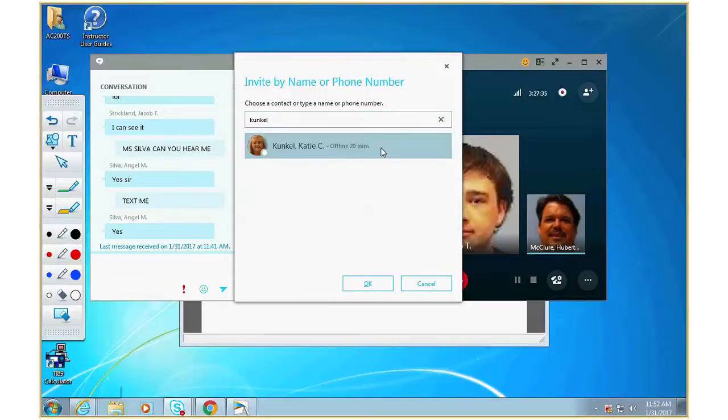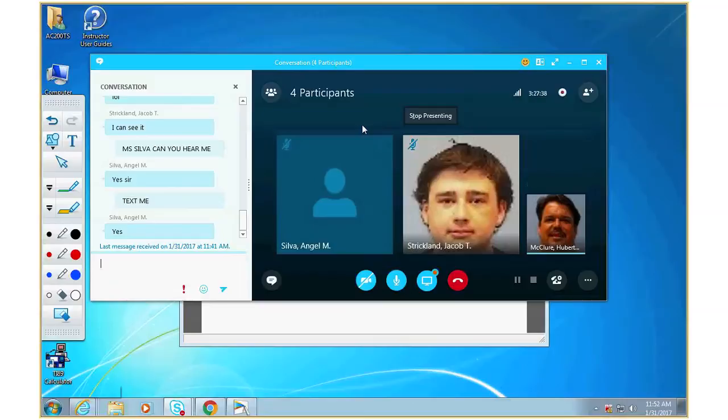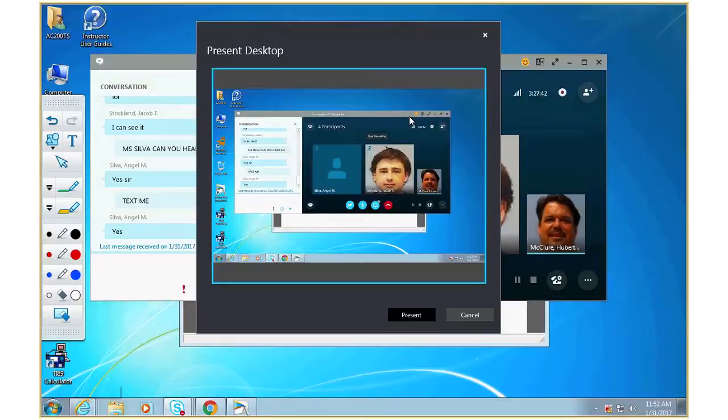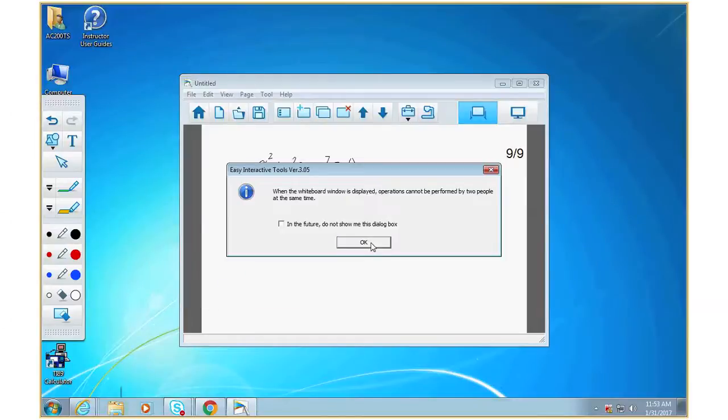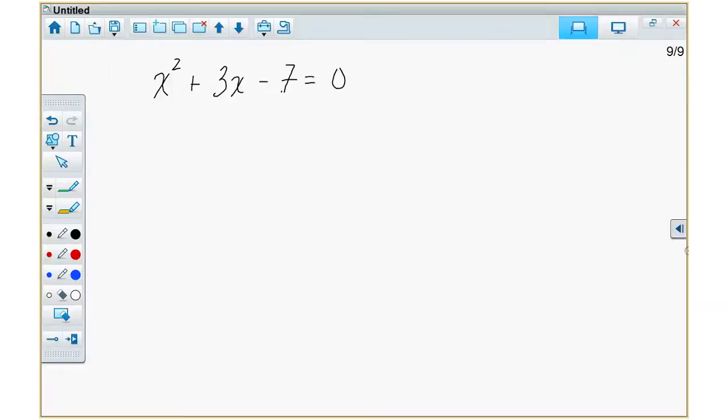Not to use decimals either, because decimals, that's just encouraging you to use a calculator.